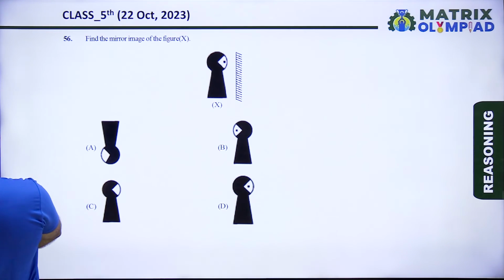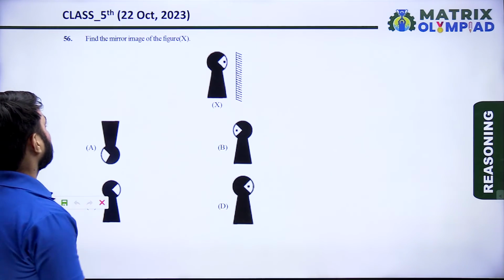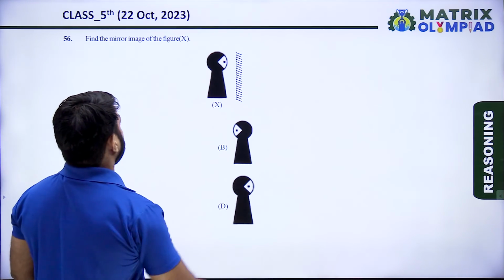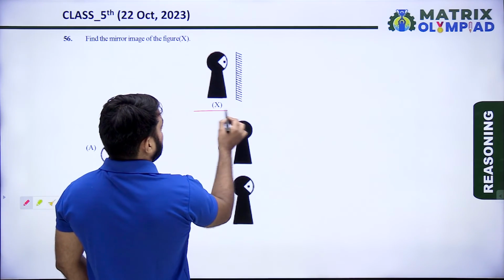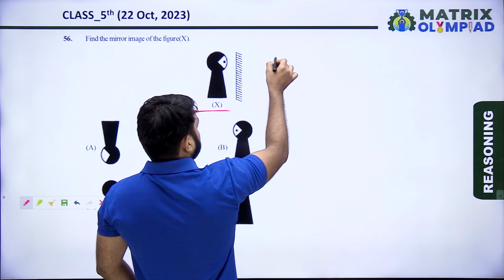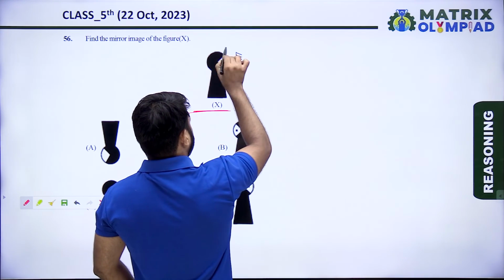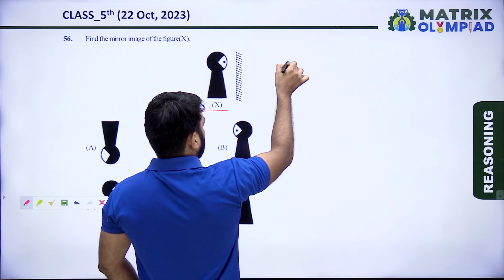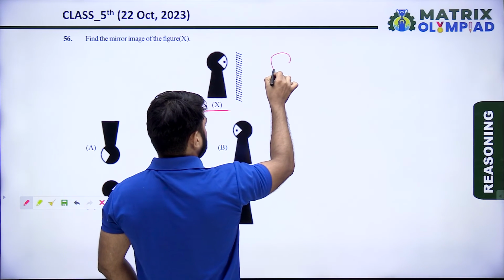So the next question is question number 56. Find the mirror image of the figure X. So the mirror image of this figure looks as follows.